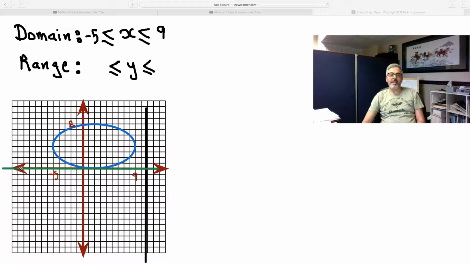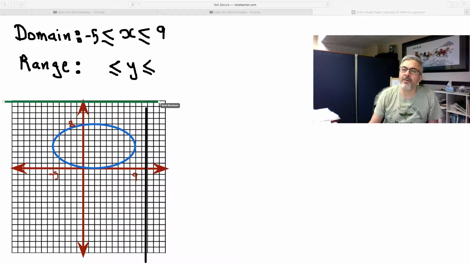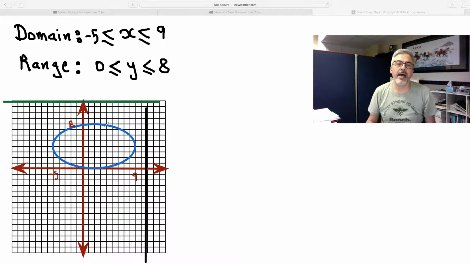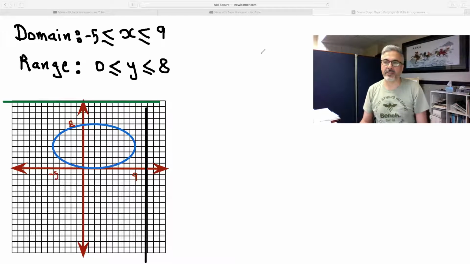When I hit right here, which is y equals 0, it starts beeping, and stops right here. So my scanner beeped from 0 all the way to 8. And that is the domain and range for this graph.